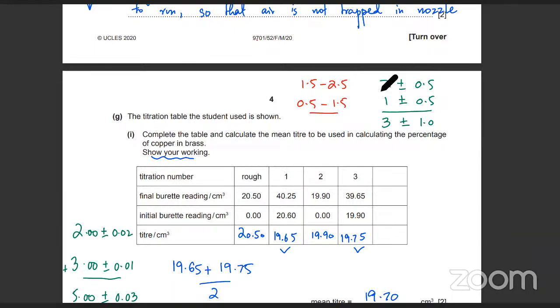The error gives you the range that the value could lie in.